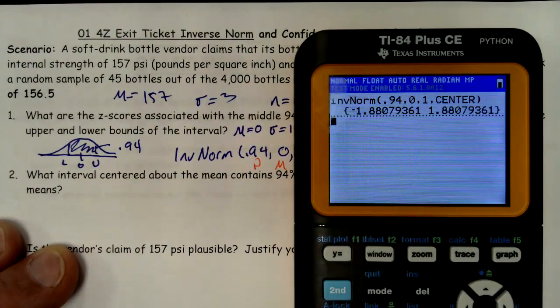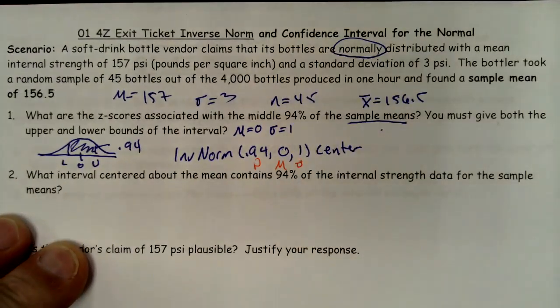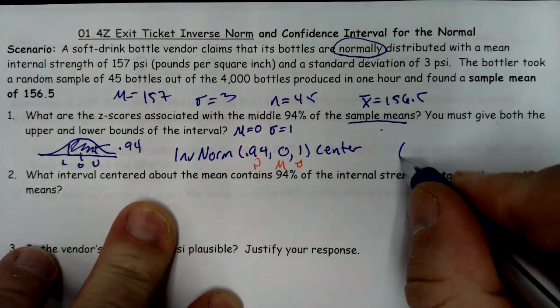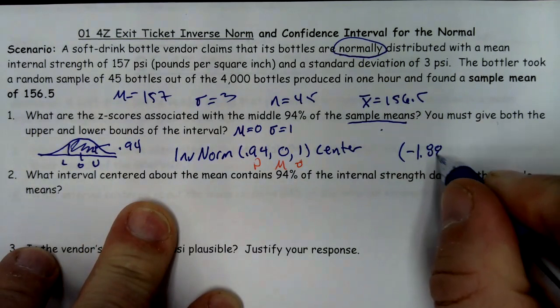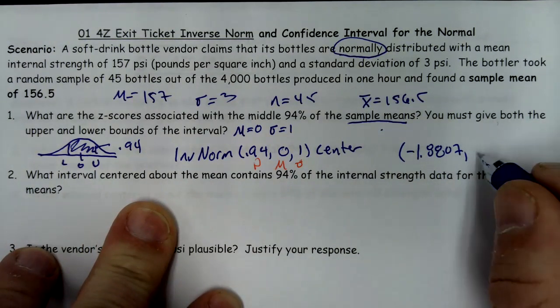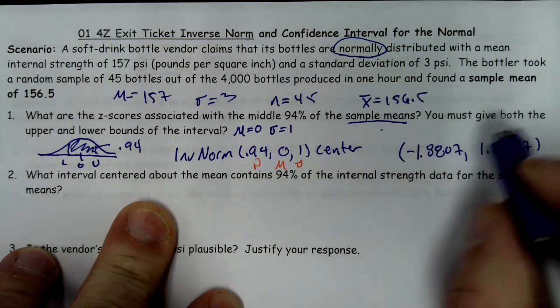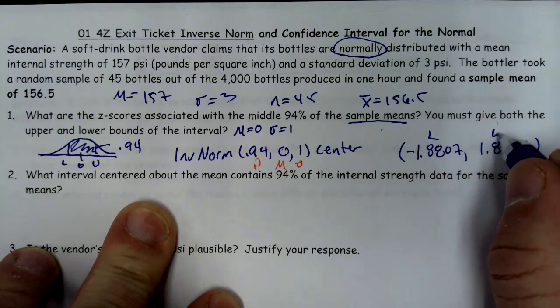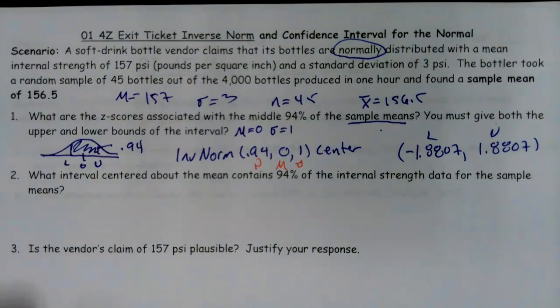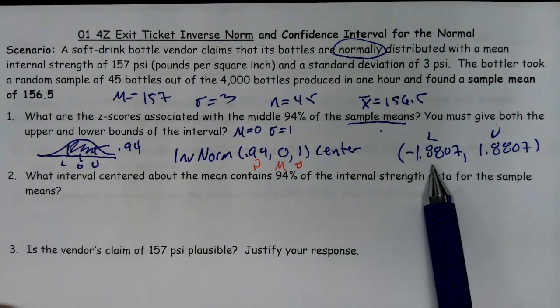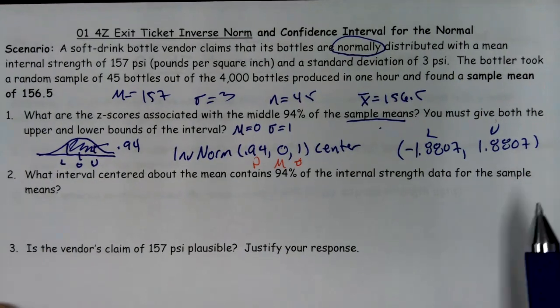And we're going to get negative 1.88 and positive 1.88, which is exactly what we had in our warm-up. Once again, the normal is symmetric and we're centered on 0, so we're going to have just the opposites, negative 1.88 and positive 1.88.